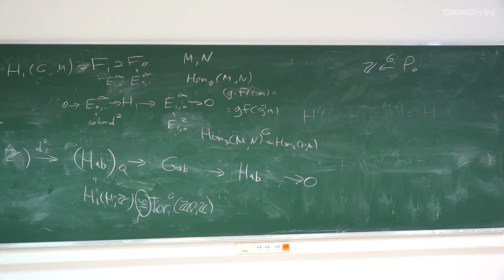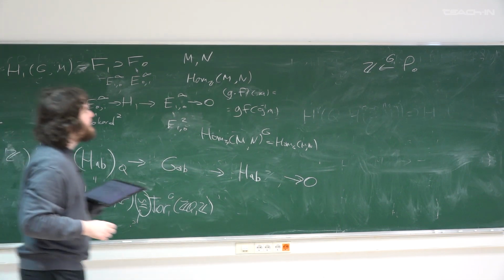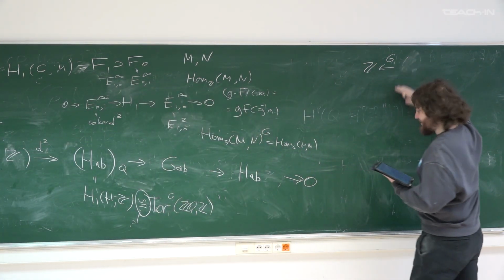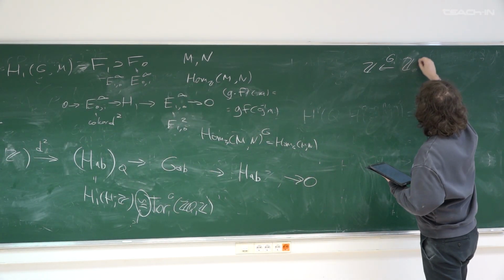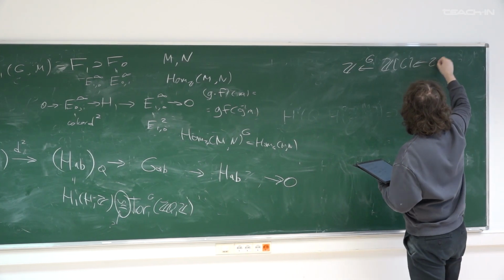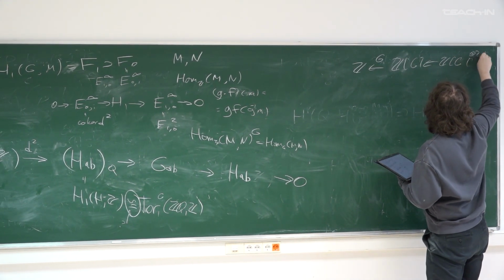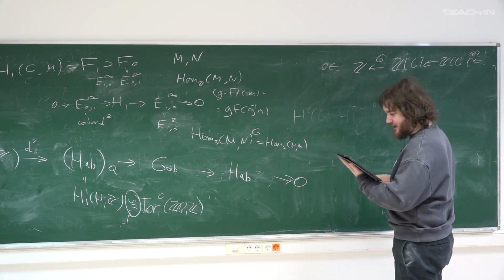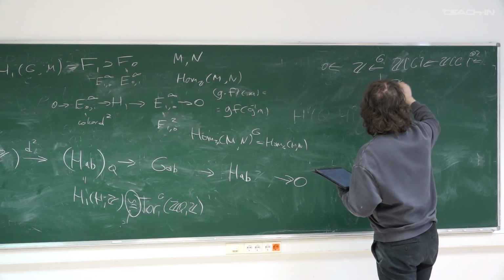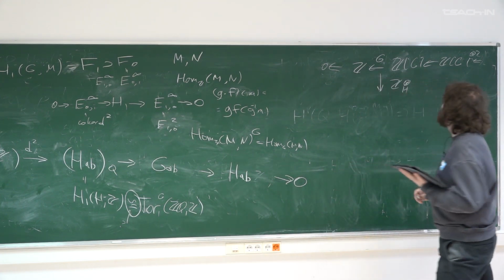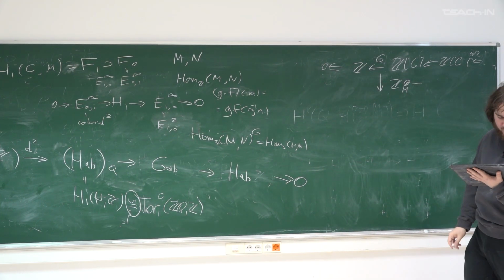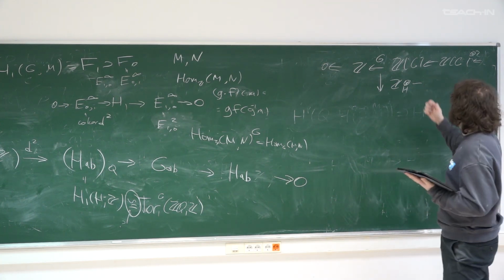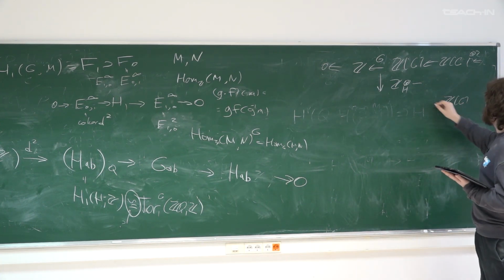Maybe even, for example, the bar resolution, a free resolution. It's not very important, but maybe the bar resolution of Z over G. Then apply tensor with Z over H. As I said before, ZG tensor with Z over H is ZQ.